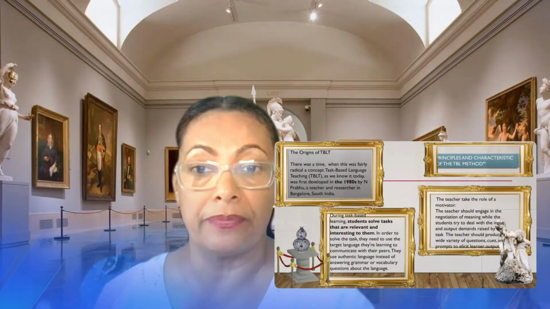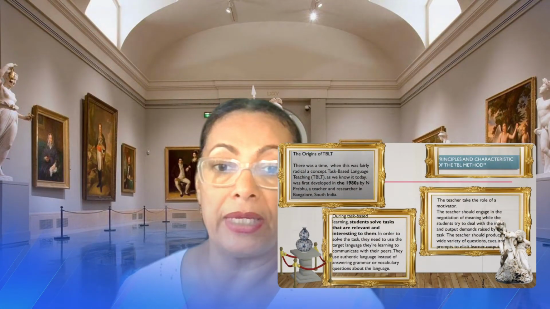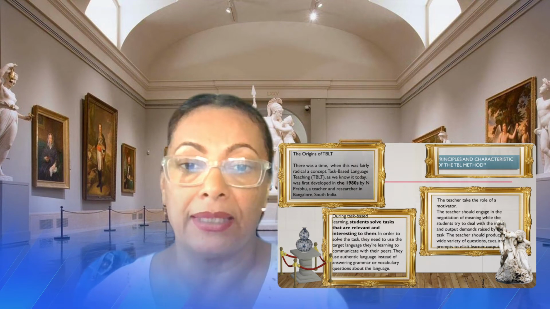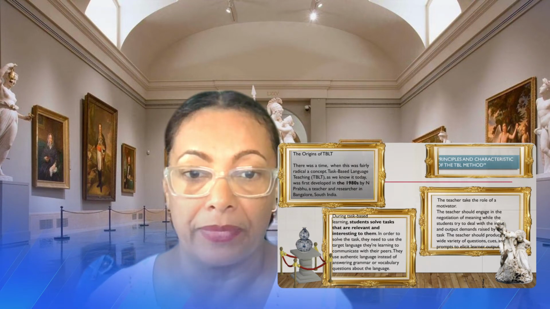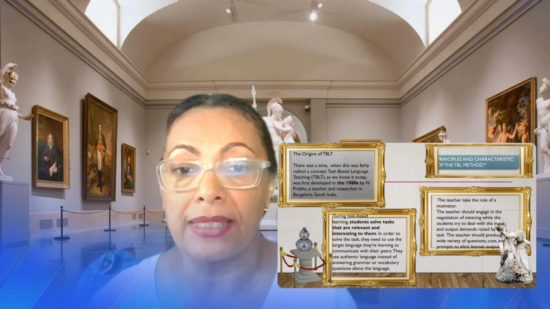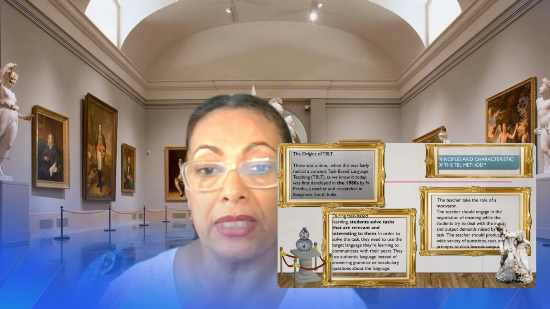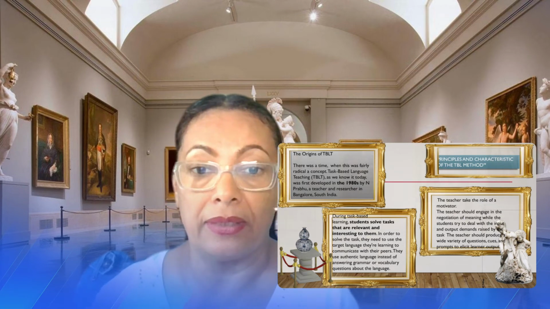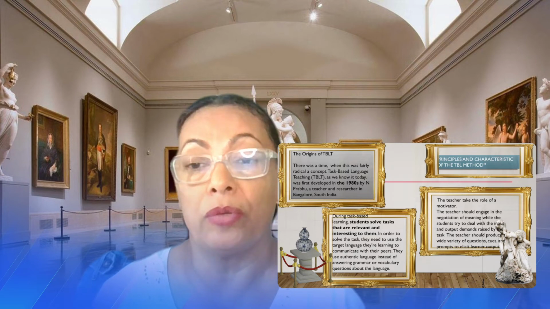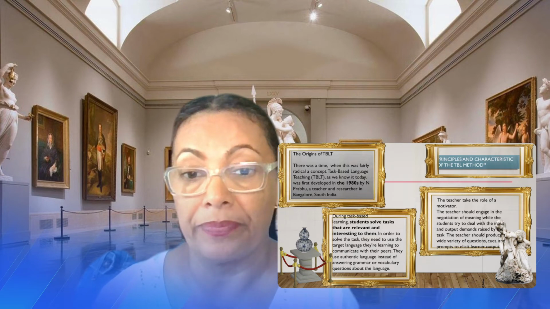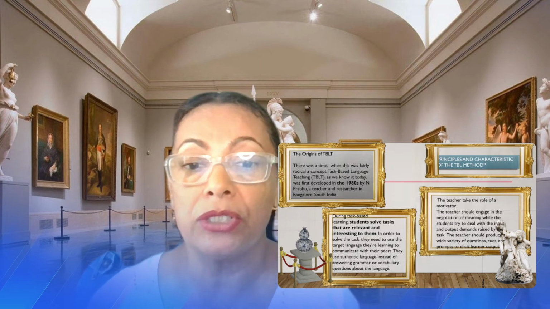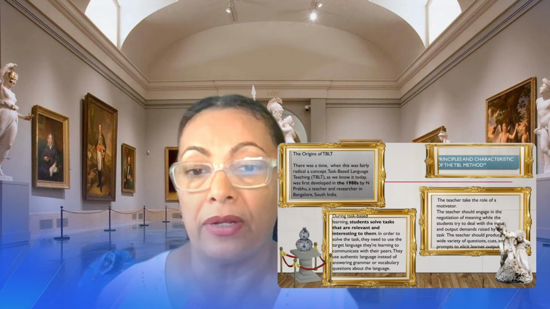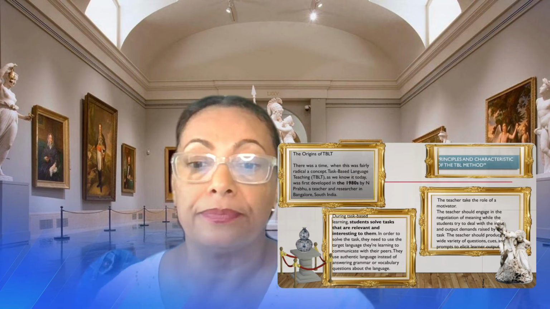As for the role of the student, students need to solve tasks that are relevant and interesting to them. In order to solve the task, the students need to use the target language. They are learning to communicate with their peers. They use authentic language instead of answering grammar or vocabulary questions about the language.